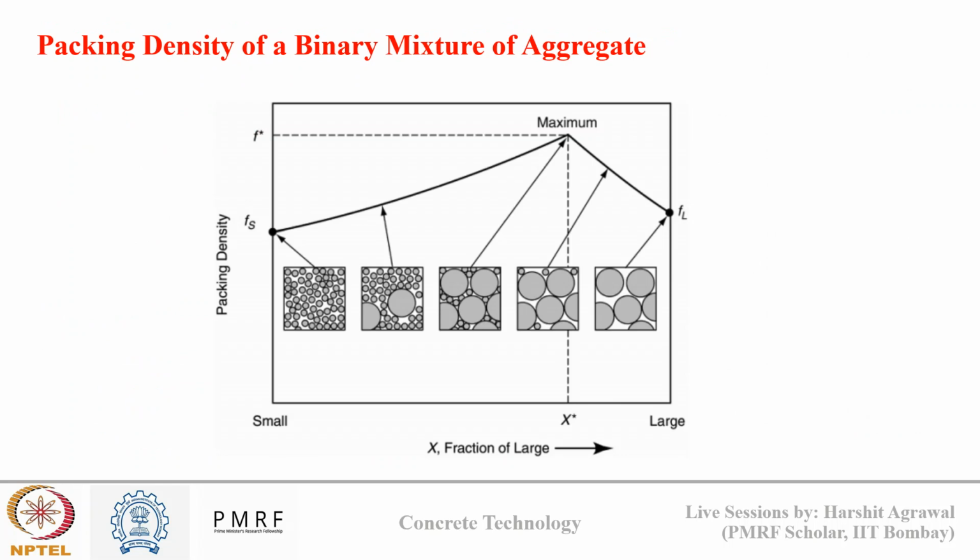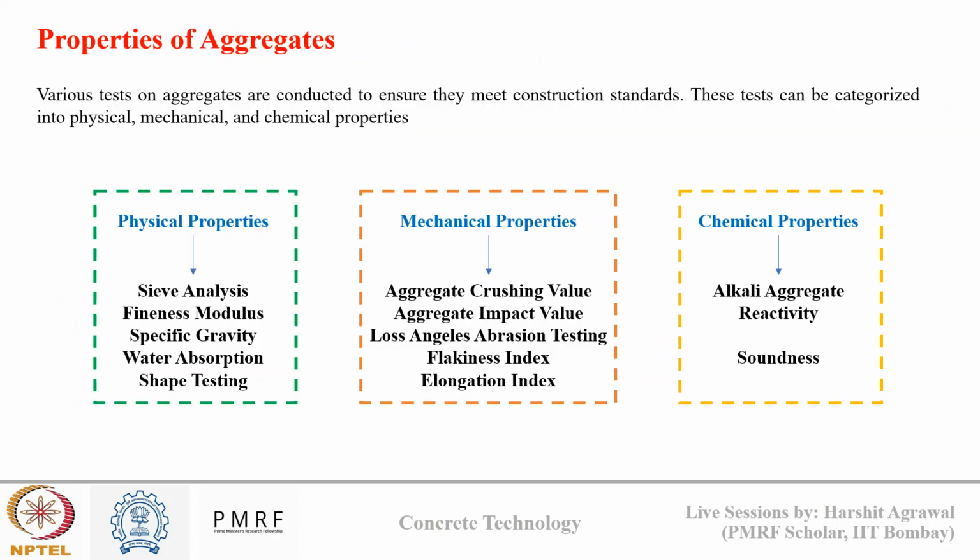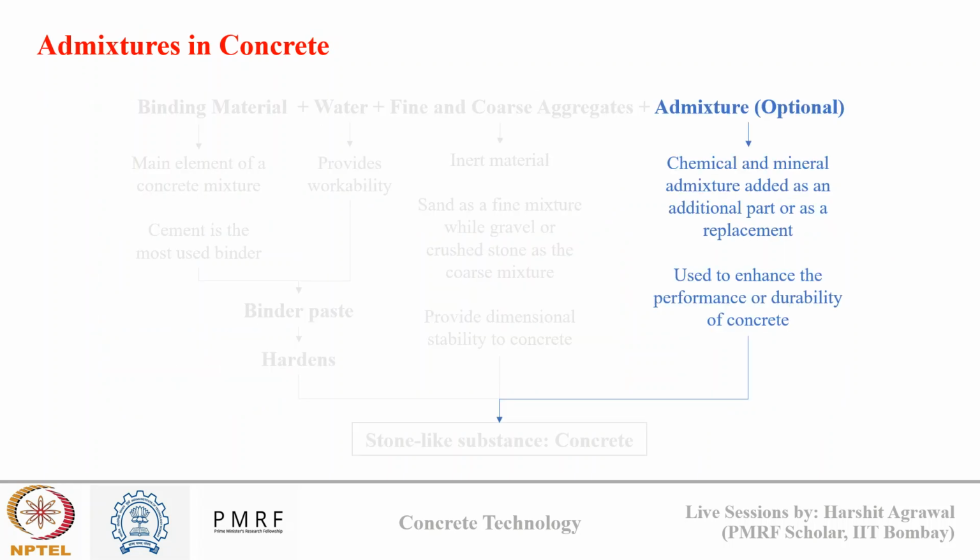We derived how void percent in a multi-sized aggregate system depends upon aggregate proportioning and saw its relationship with packing density. And finally, we talked about properties of aggregate, wherein we saw physical properties like sieve analysis and water absorption, and we discussed mechanical properties like crushing value, impact value, and abrasion value. And we had a very quick overview of chemical properties like alkali aggregate reaction and soundness. So this was for the last week's content.